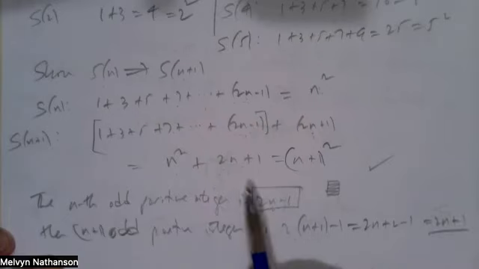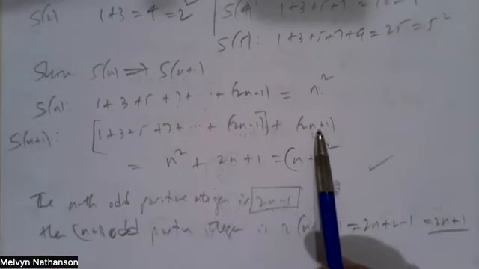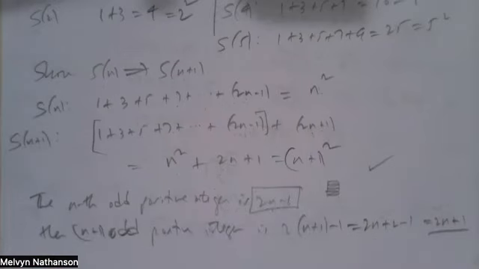This is the nth positive integer. This is the n plus first positive integer. Okay. That's the proof.